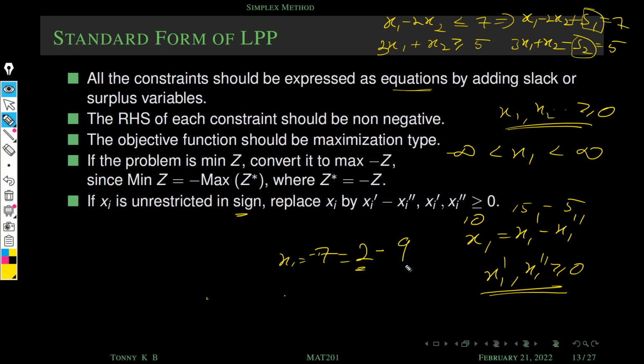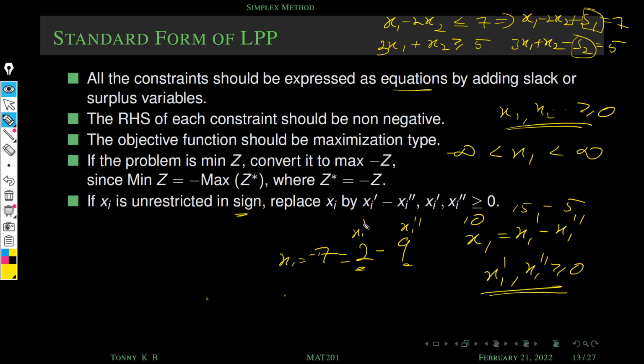Here 2 is positive and 9 is positive. So in this case, this is our x1 dash, this is our x1 double dash. This is possible for every number, positive or negative: we can always convert a number into the difference of two positive numbers. That is the idea behind this conversion.